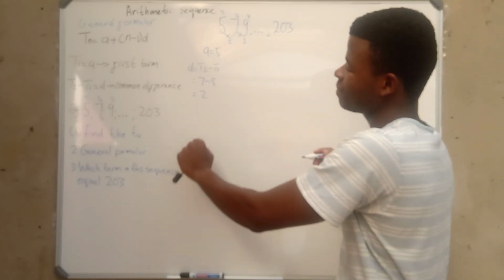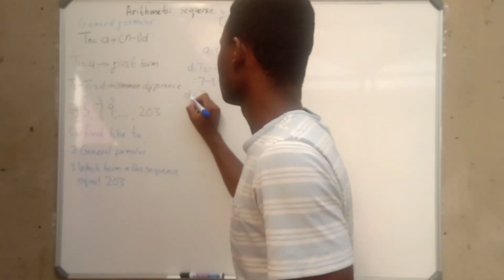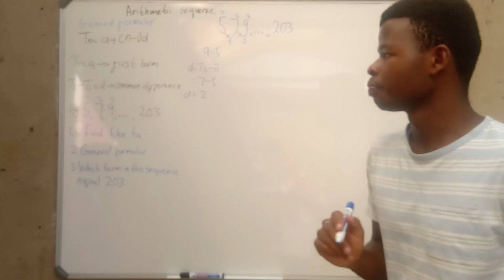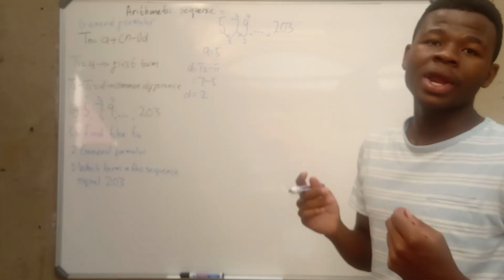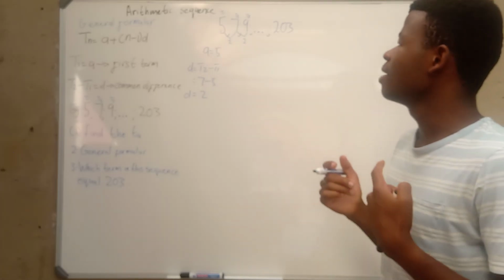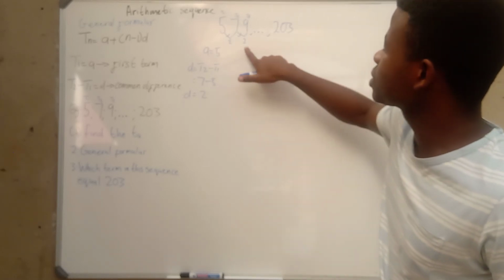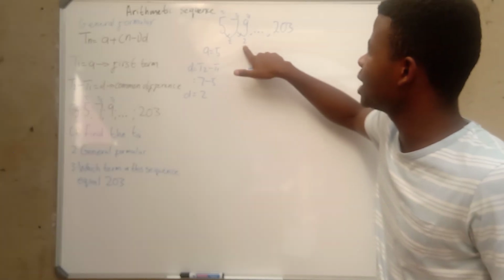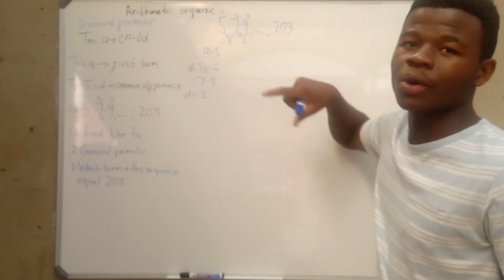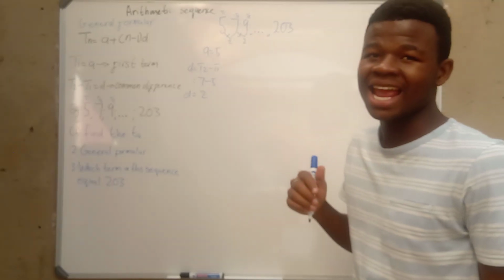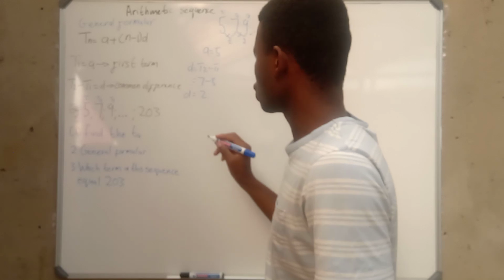So our common difference is equal to 2. So how will you find term number 4? Guys, listen to me carefully. You're just going to add this 2 onto this 9, and you're going to get 11.